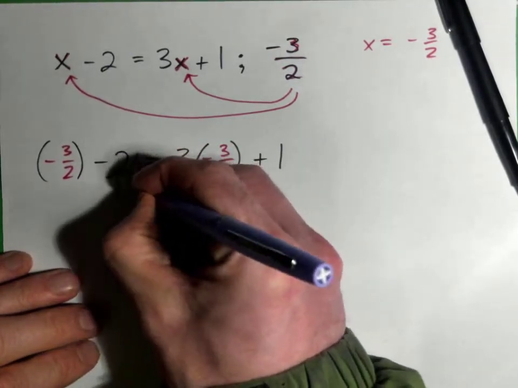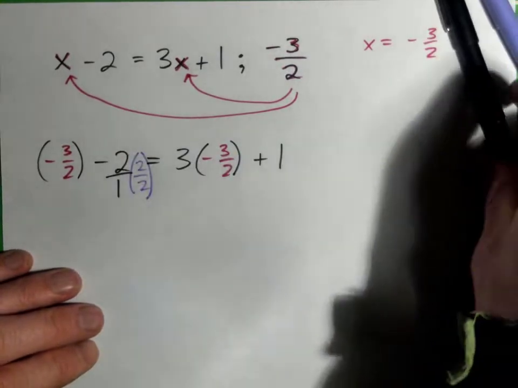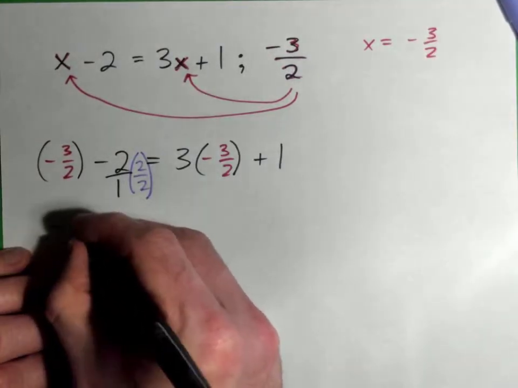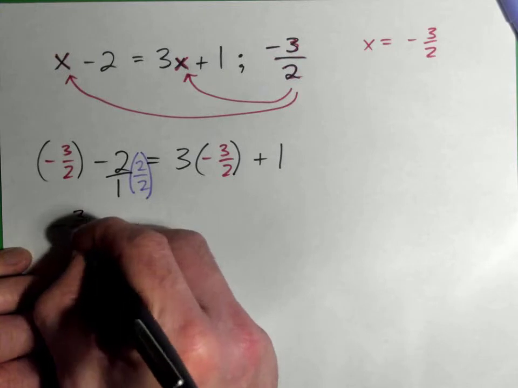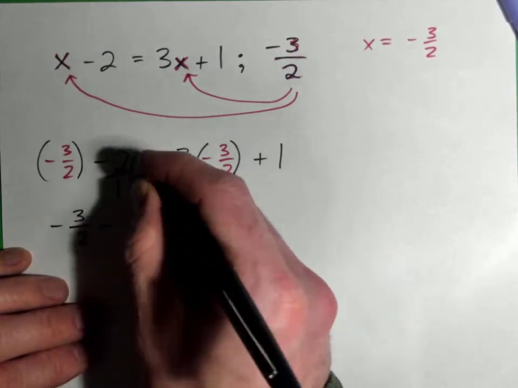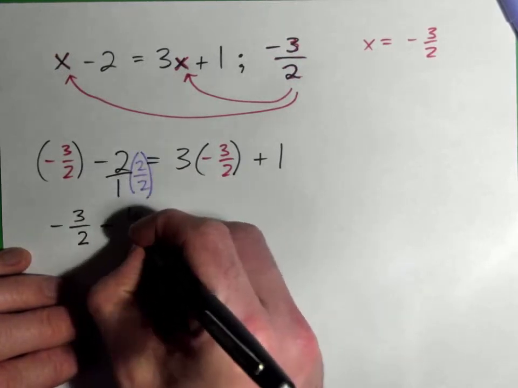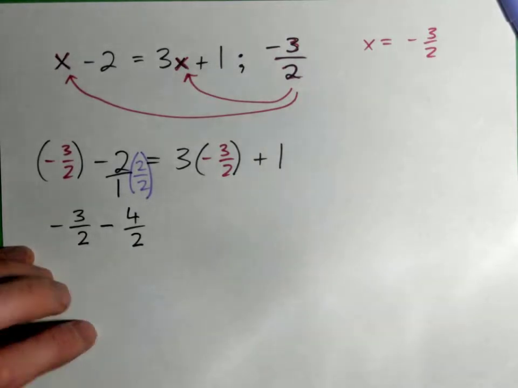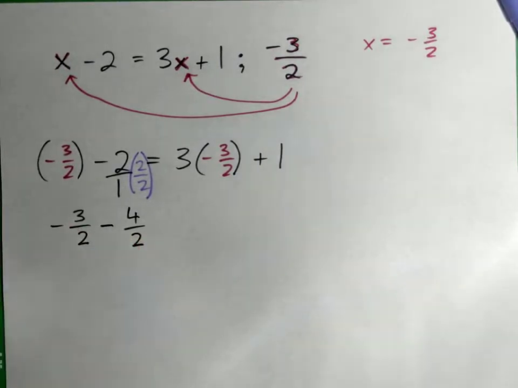See that? So that's negative 3 over 2 minus this 2 over 1, which becomes 4 over 2. So 3 halves minus 4 halves. So what's negative 3 over 2 minus 4 over 2?